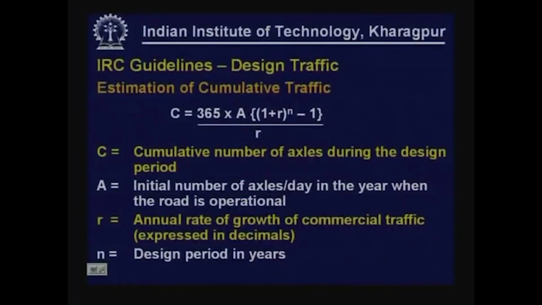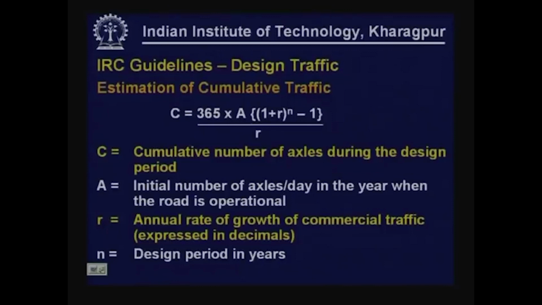The estimation of cumulative traffic can be made on the basis of the initial traffic counts that we make. C is the cumulative number of axles during the design period. We are not dealing in terms of individual vehicles, we are in fact dealing in terms of individual axles. It is given in terms of A, the initial number of axles per day in the year when the road is operational.